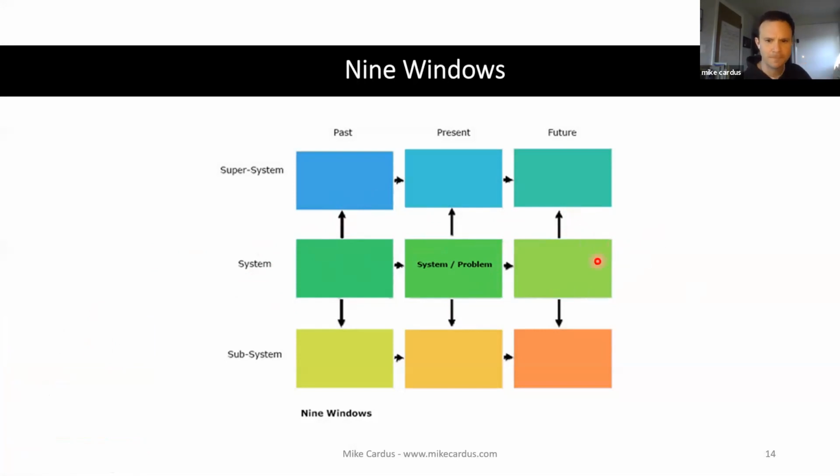So a quick overview. What you'll see here is we have 9 different boxes. That's why it's called 9 Windows. Each window is a glimpse into a different part of the problem or the system from multiple perspectives. We know that from innovation or solving wicked problems, we have to have multiple perspectives from different angles to identify how to best solve the problem.